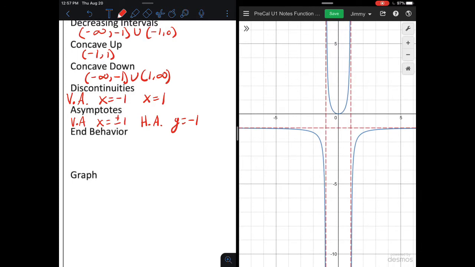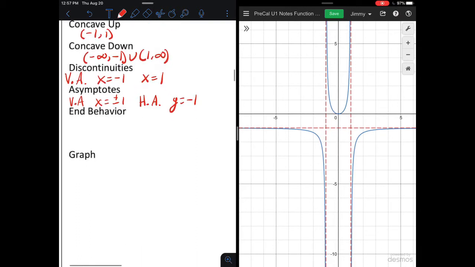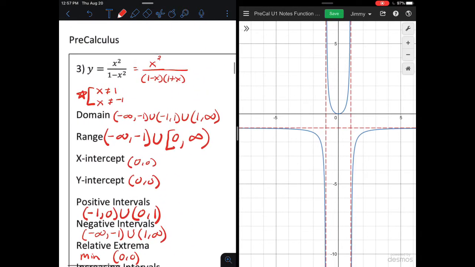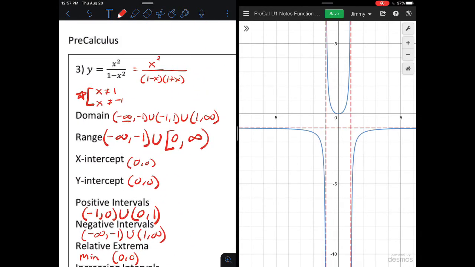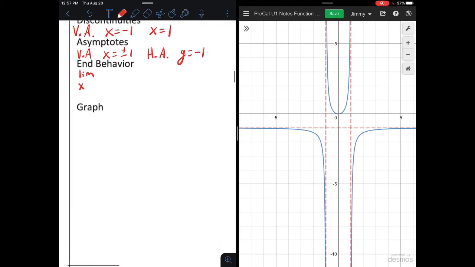And then we'll do our end behavior. So the end behavior here, we're trying to describe what the graph is doing as you approach the ends of your domain. And in our class, we describe this behavior using limit notation. So in limit notation, we're going to say the limit as x heads towards the left side of the domain. Well, the left side of our domain interval was negative infinity.